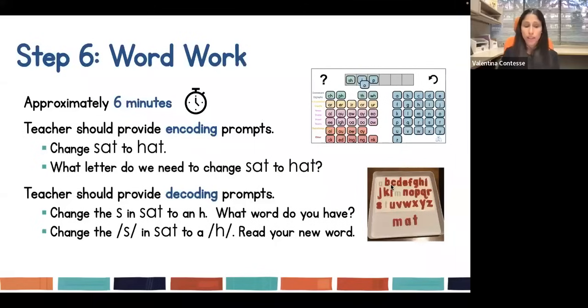They're having to encode or spell this new word versus decoding prompts where we're asking them to change parts of the words in order to read new words, like we see here with change the S in sat to an H. What word do we have? And just another reminder that this is a step where you have flexibility of what material to use. You can use word work mat apps, physical word work mats, like you saw in some of the videos with the Velcro mats, or magnetic letters or tiles.